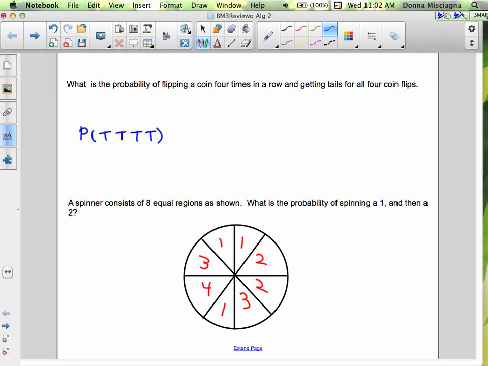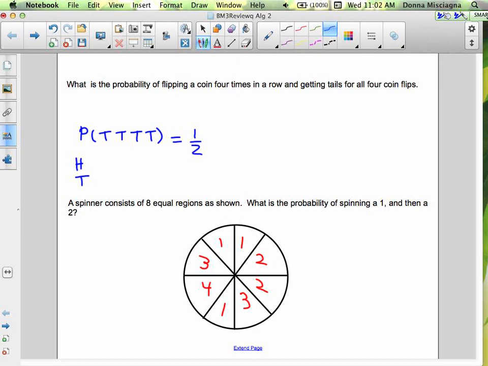You can get a heads, you can get a tail. That's all you can do. So one of those outcomes is our favorable outcome. There's one outcome that's tails, and there's 2 outcomes overall. So the probability of getting 1 tail would be 1/2, 1 favorable over 2 possibles.